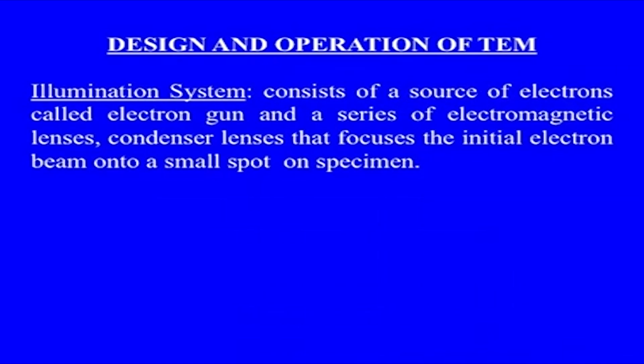These are condenser lenses that focus the initial electron beam onto a small spot on the specimen. Electromagnetic lenses, like we were discussing, are constructed of a soft iron core wound with an electrical conductor. This produces a magnetic field which is utilized to focus a beam of electrons.